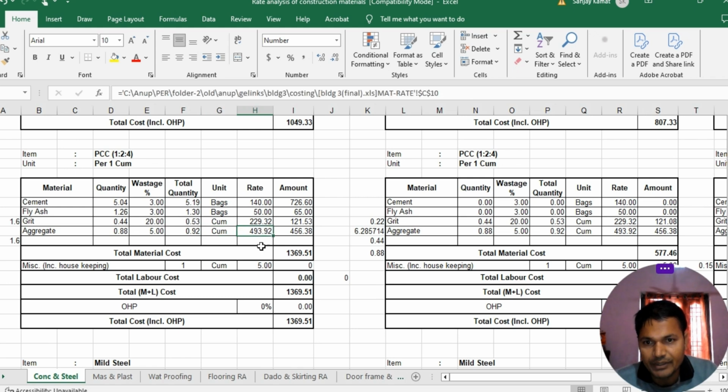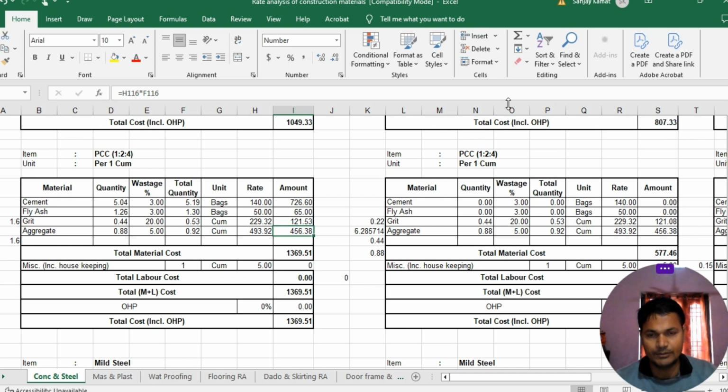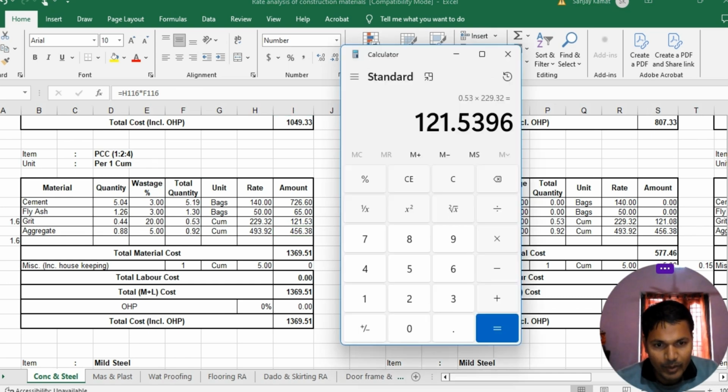So our rate of aggregate is 493.92, and after multiplying 0.92 into 493.92, how much is it coming? 454.40. So this much.